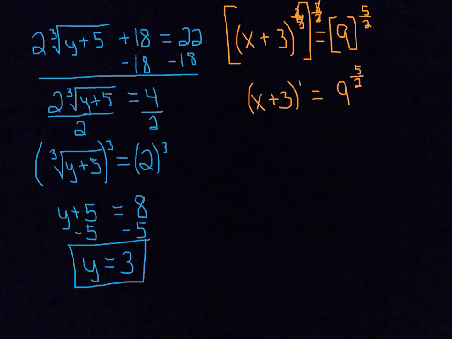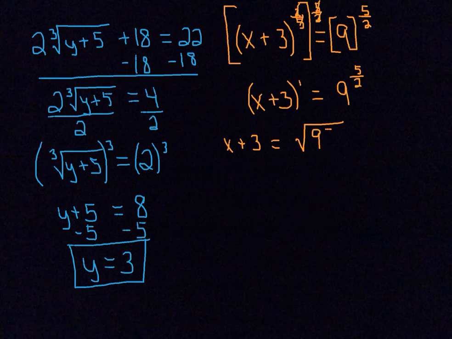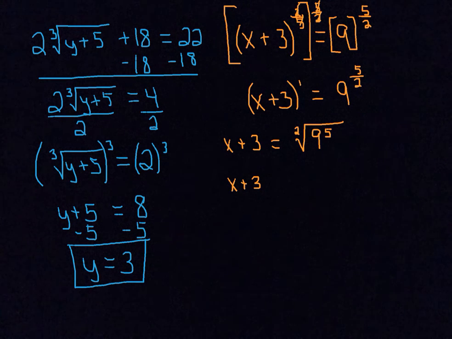Now, I don't know what 9 to the 5/2 power is without using a calculator, but I can convert it to be the square root of 9 to the 5th power. Remember, fractional exponents are the same thing as the radical, so 5/2. And so you can say, well, some of these 9s will pull out. By the way, when you take the square root of something, it's actually plus or minus.